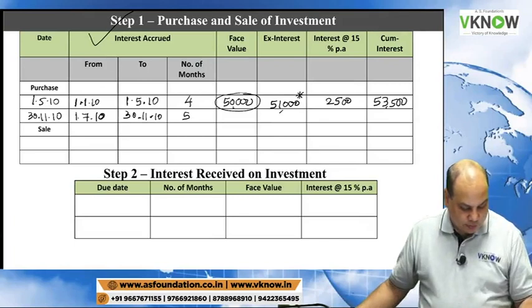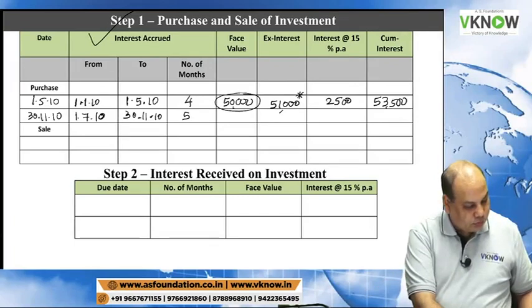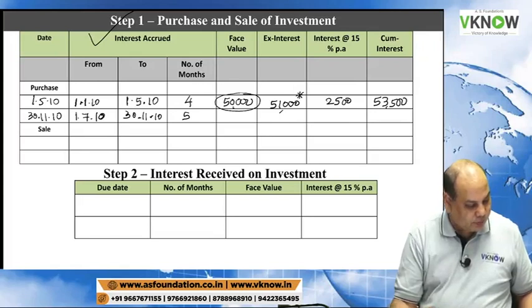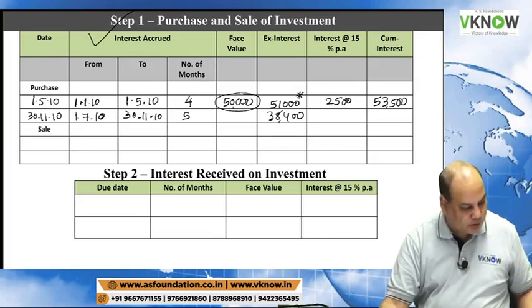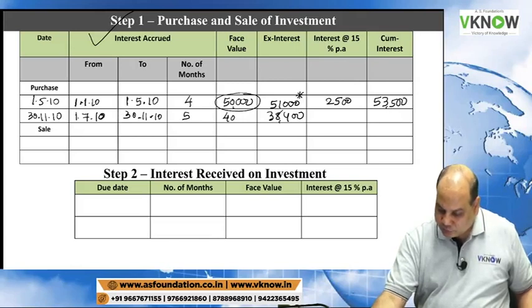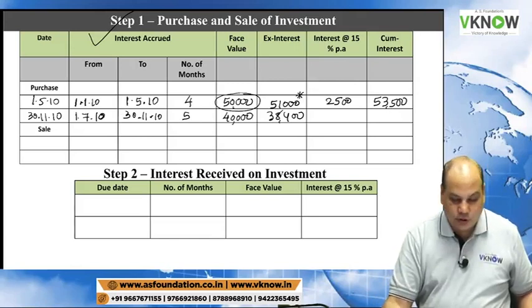And this was purchased on ex-interest basis, 38,400. And how many debentures were purchased? 400. 400 into 100, that is 40,000.